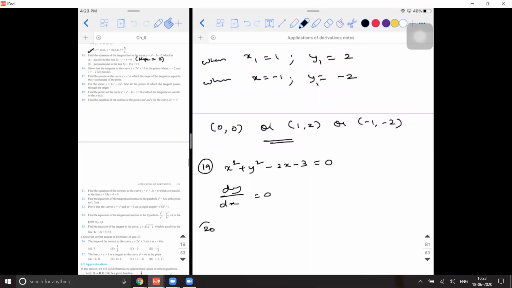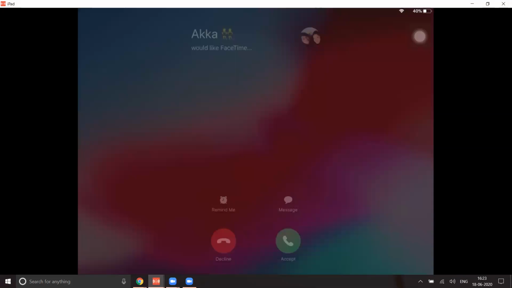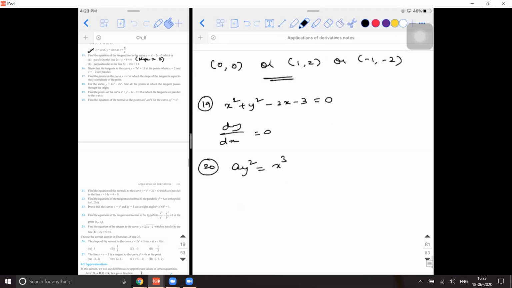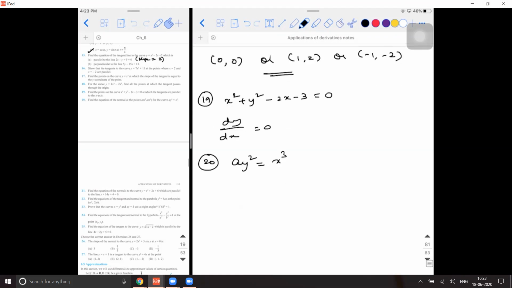So 20th one. Find the equation of normal at the point am square comma am cube for the curve ay square is equal to x cube. So how to find the normal at am cube?